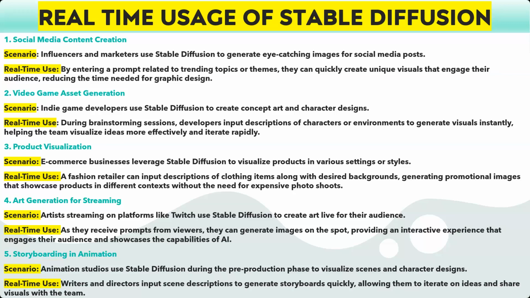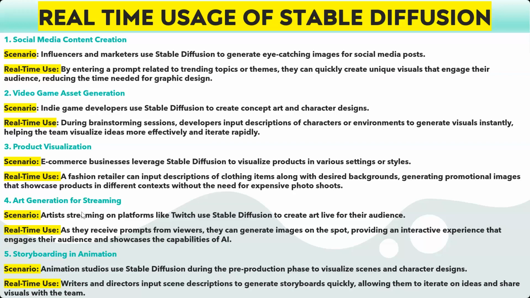Every day the world is changing, the technology is changing, so they want to introduce new concepts, so that it is easy for customers to understand and get addicted to the new product, isn't it? In fashion retail, you can input descriptions of clothing items along with desired backgrounds, generating promotional images that showcase them in different contexts, like photo shoots. The Stable Diffusion model is used there too, guys.